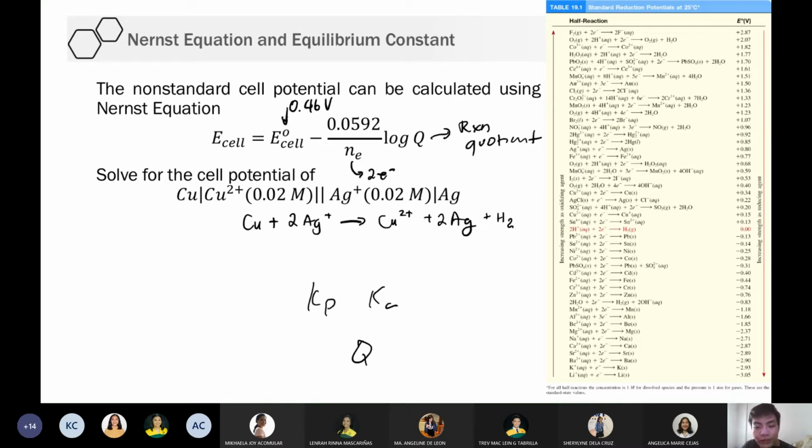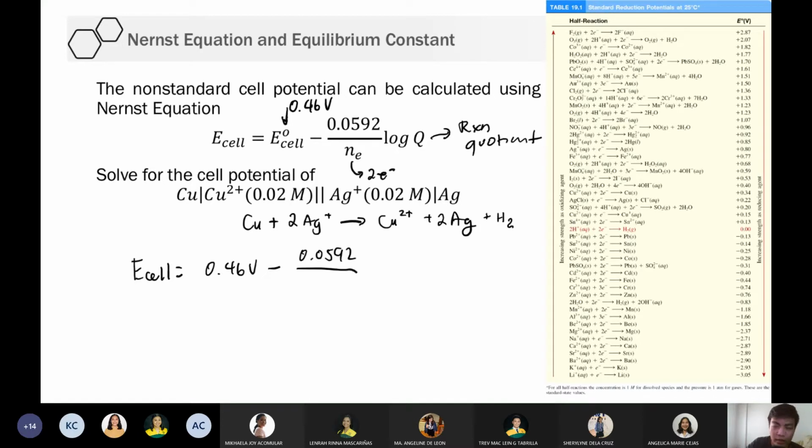Now, we now know the equation, then we can write the Nernst equation. Okay? Sulat na natin yung Nernst equation natin. So, E naught cell is 0.46 volts minus 0.0592 over n, yung mole ng electrons dito sa balance equation, yung kinancel natin. 2 yon.